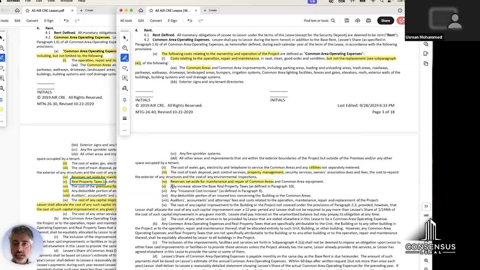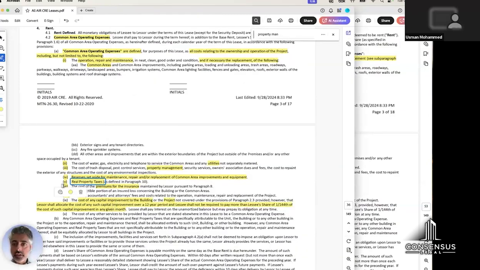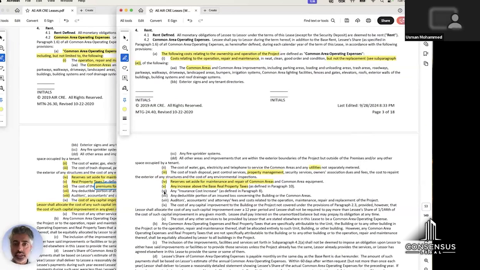In the gross lease, we talked about there's a base year for taxes. So it says here, lessor can only pass through any increase above the base real property taxes. In the net lease, item 6 is lessor can pass through the cost of the premiums for the insurance. But under a gross lease, we talked about a base year for insurance. So let's flip over to the gross lease, and it says lessor can only pass through any insurance cost increase.